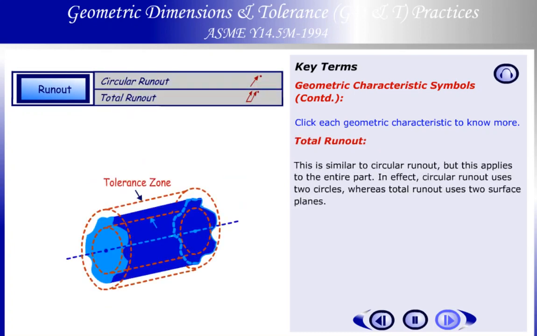Total runout. This is similar to circular runout, but this applies to the entire part. In effect, circular runout uses two circles, whereas total runout uses two surface planes.